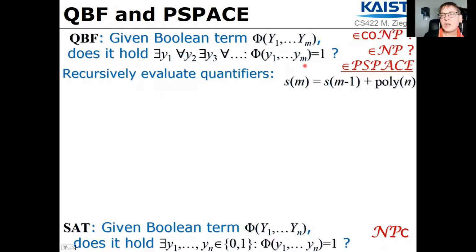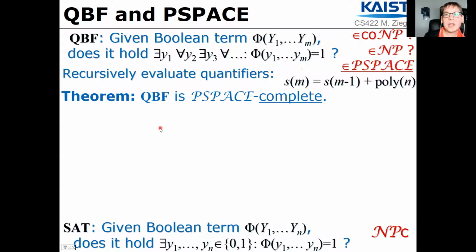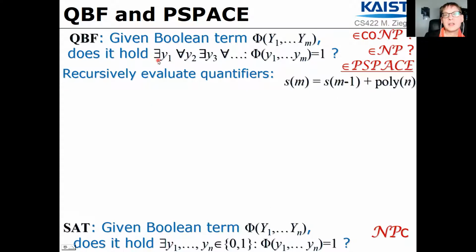Good, so let's now look at the recursive algorithm for evaluating this expression. The algorithm proceeds in this way. It first plugs in 0 for the variable y1. Once y1 has been fixed to be 0, the remaining is a Boolean expression with m-1 variables, starting with y2 as the first variable.